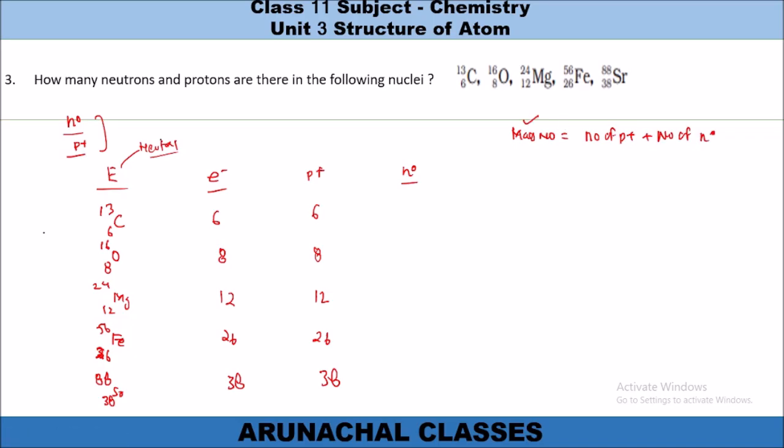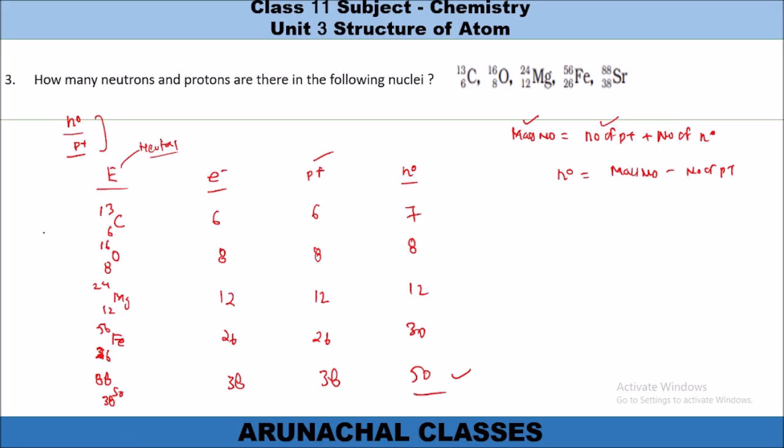So number of neutrons is mass number minus number of protons. It is 13 minus 6, that is 7, 16 minus 8 that is 8, 24 minus 12 that is 12, 56 minus 26 that is 30, and 88 minus 38 that is 50. So these many neutrons and protons are there in each species of the category given here.